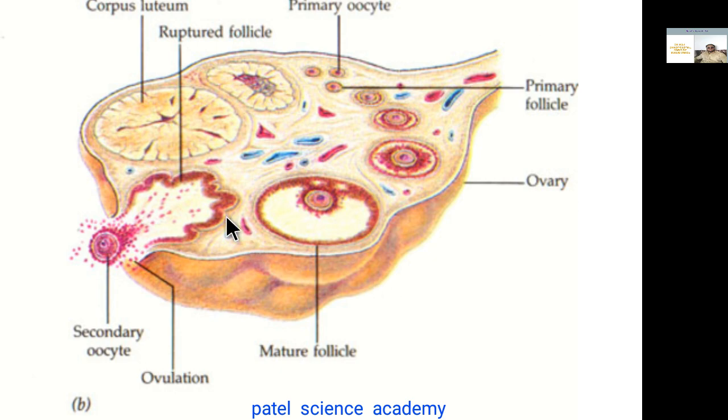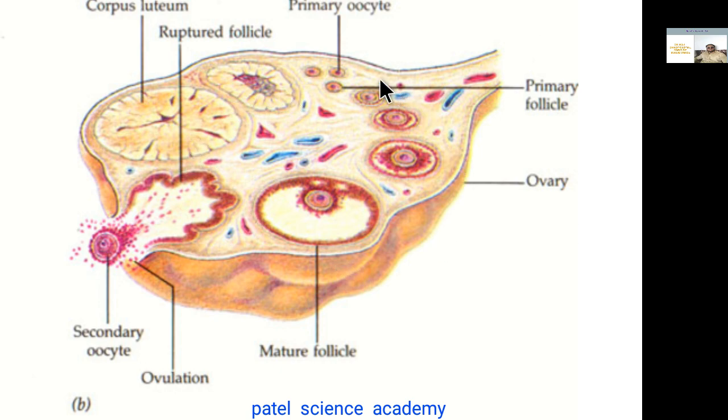Then this Graafian follicle becomes empty, and first it will convert into this structure with no egg, because the process of ovulation has already taken place. This structure without an egg or ovum is called corpus luteum, and this corpus luteum finally converts into this structure that is called corpus albicans.